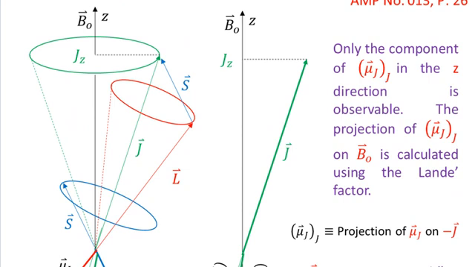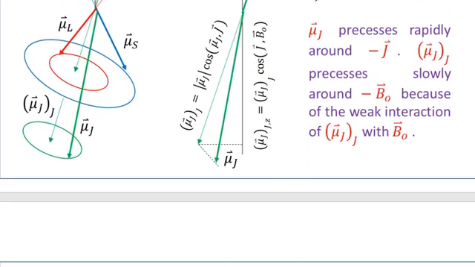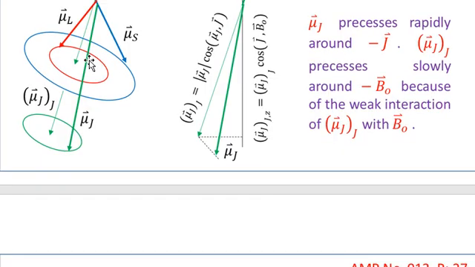And B naught negative will be exactly downward over here. So this mu jj will also carry out a precessional motion, but very slowly, about minus B naught.